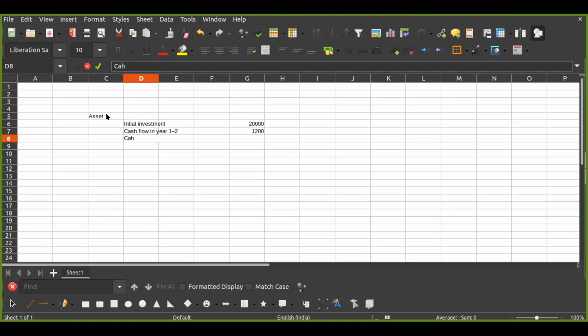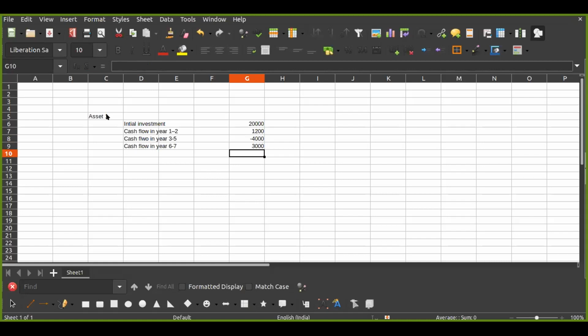Then for cash flow in year 3 to 5, let it be minus 4,000. The cash flow in year 6 to 7, let it be 3,000. Here we have a different investment.